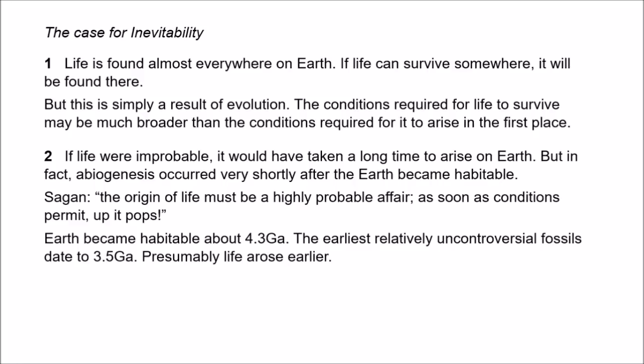So the Earth presumably was habitable at about 4.3 billion years ago. If you've got oceans, you've got liquid water cool enough to support life on a planet like the Earth, that's habitable. And just incidentally, that terminology, Ga, means giga-annum, and it means billion years ago. So that's 4.3 billion years ago.